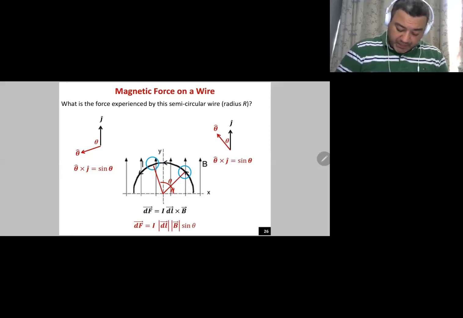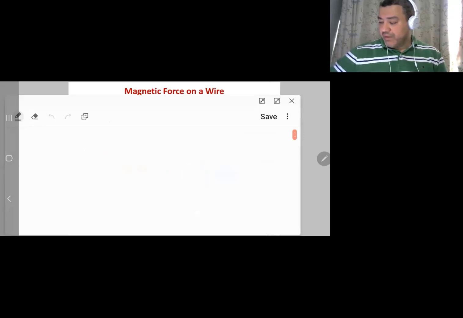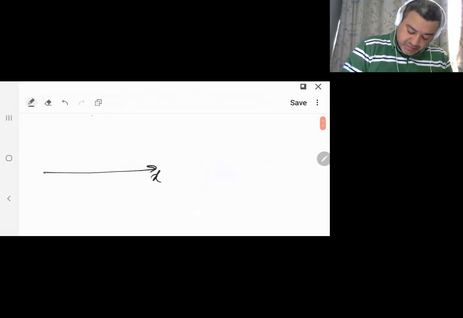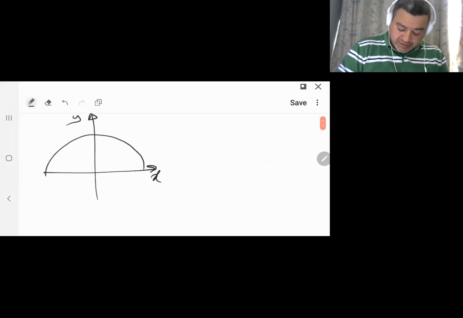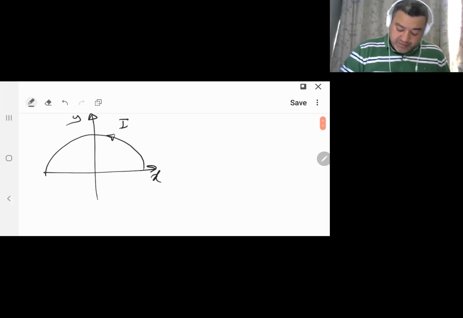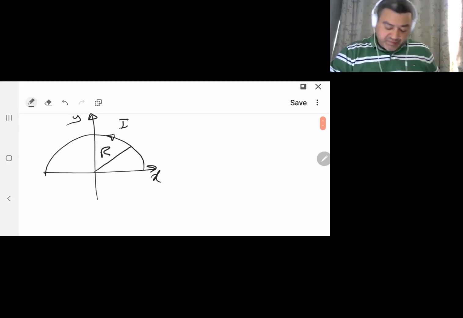So we have here X, Y, and this semicircular shape, current I going in this direction, and then we have radius R here.